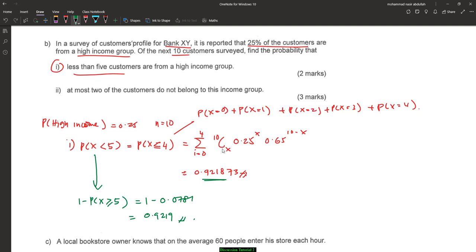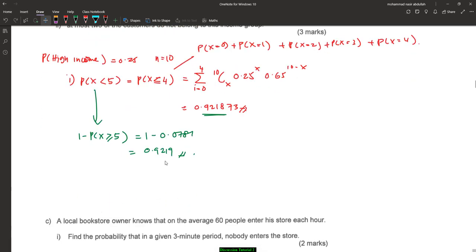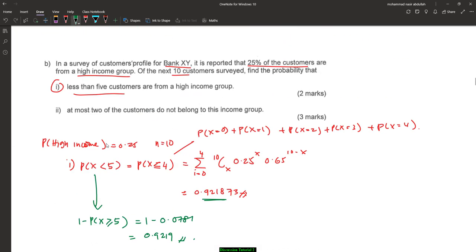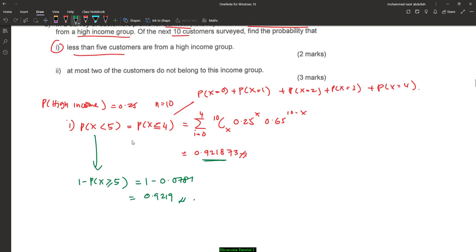Okay. This is for question number 1, right? For question number 2, B2, they say here, at most 2 of the customers do not belong to this group. So probability of not high income. This one should be 0.65. High income is 0.25, not high income is 0.65, and n is still equal to 10, right?